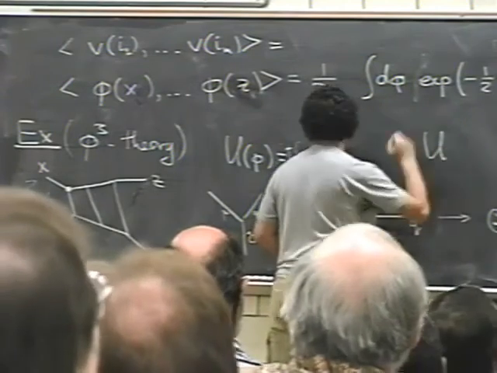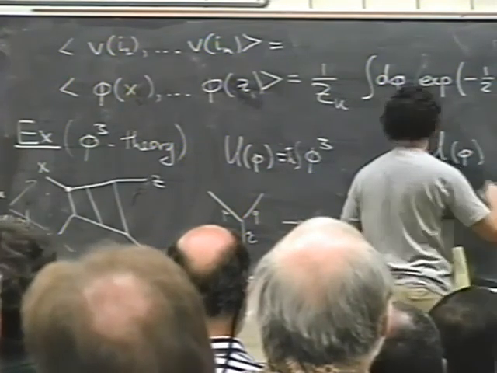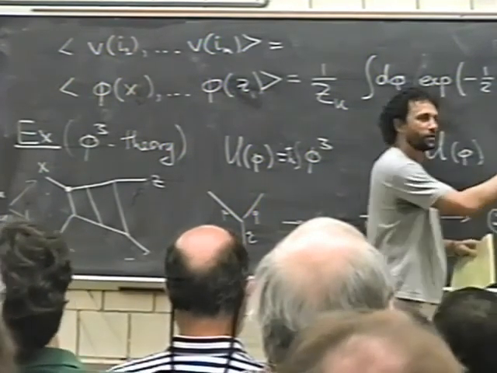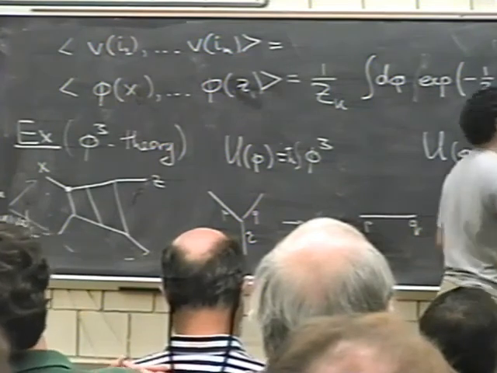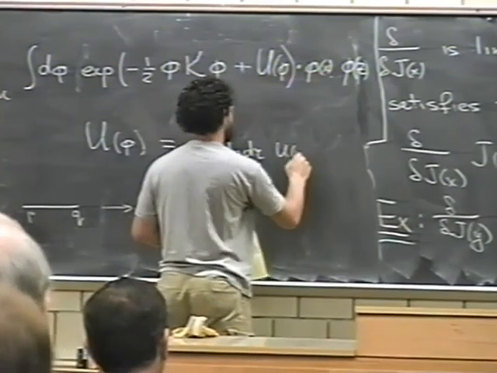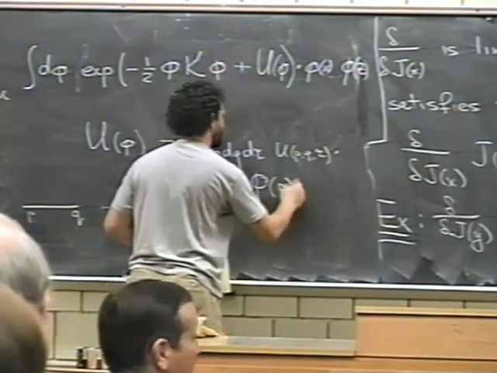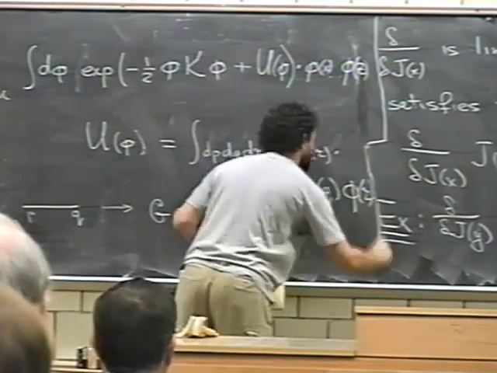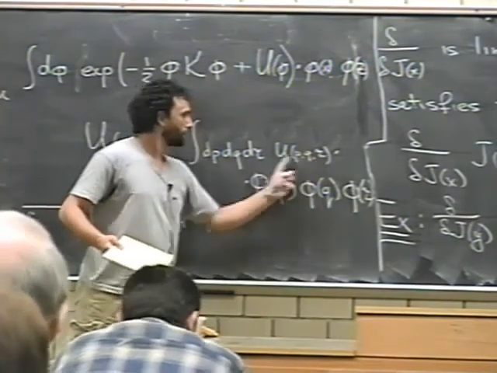So U of phi will now be, instead of the sum over ijk's, an integral over P, Q and R of u of P, Q, R times phi of P, phi of Q, phi of R. So in the general case, a cubic potential should be a cubic potential on three different points, and these should be the coefficients.